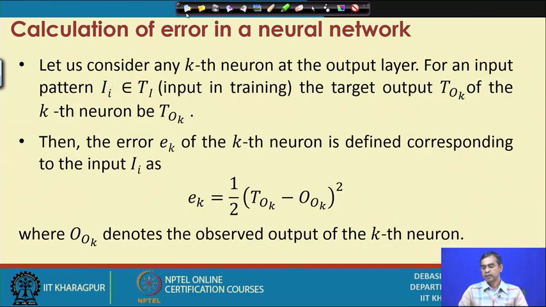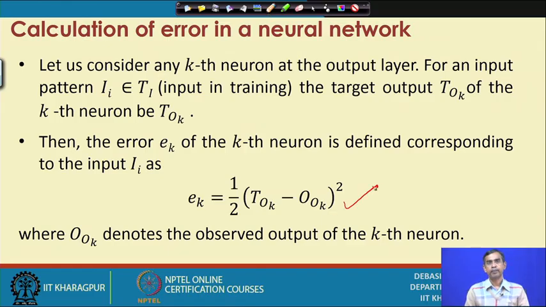Now, we can write T O k to denote the target output, that means the true output of the kth neuron which is there in T O sets. This is the notation that we will follow. Once we know the true output and the observed output of the kth neuron in the output layer, the back propagation algorithm represents the error of the kth neuron by this formula.